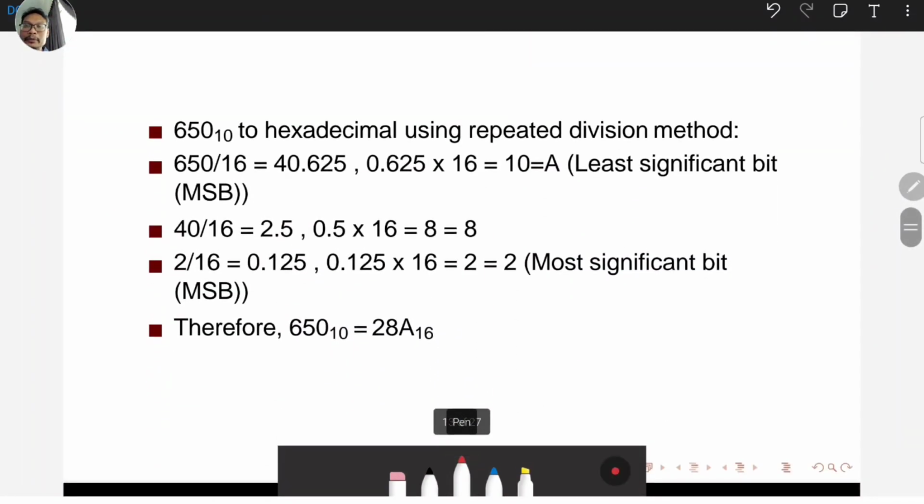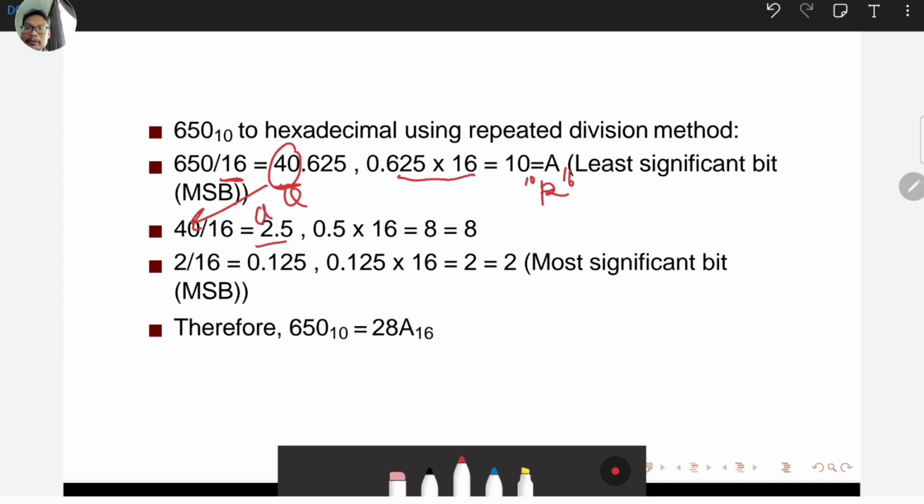What we do is use a repeated division, where now we divide by 16. We get 40 as our quotient, Q, and a remainder of 10. 10 base 10 is equal to A in base 16, so this is our remainder. Now we take 40 divided by 16, 2.5.